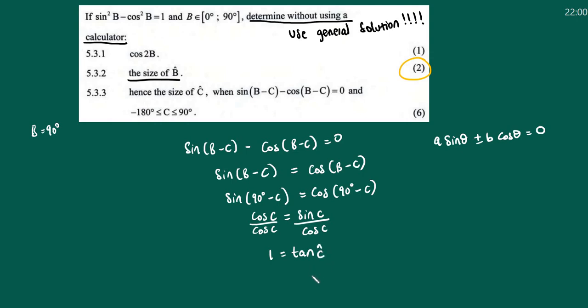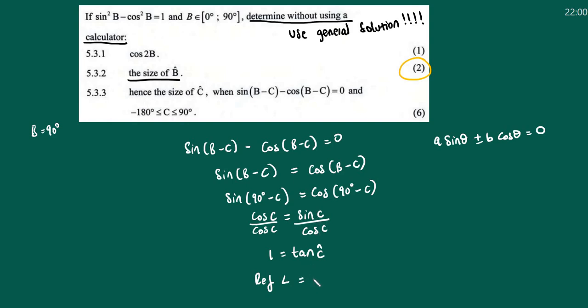Tan angle C. So how do you get tan angle C? Remember, reference angle, right? The reference angle there would be to say, okay, you can get it with a calculator.